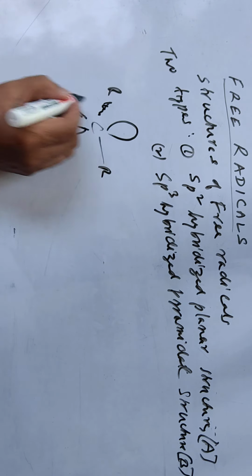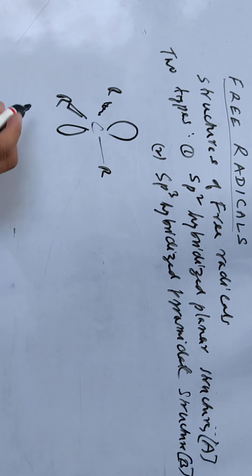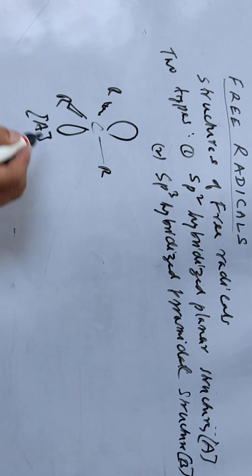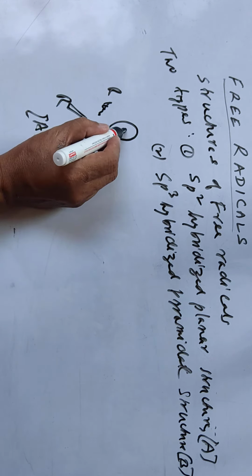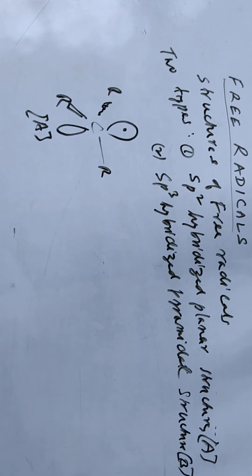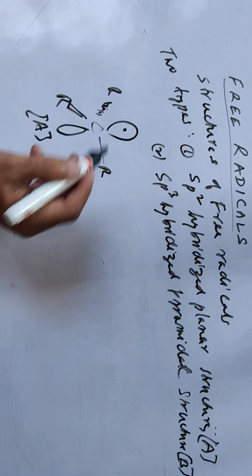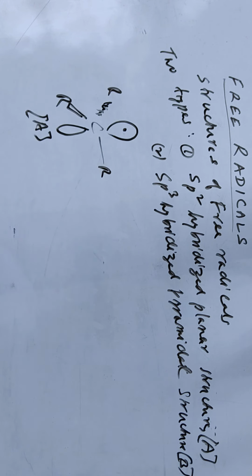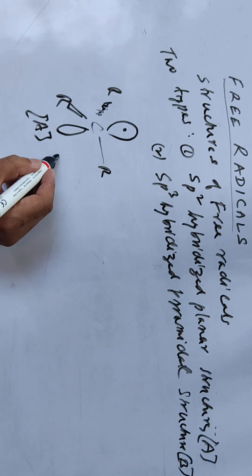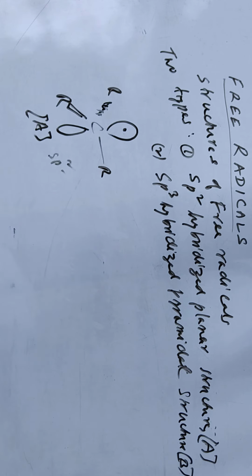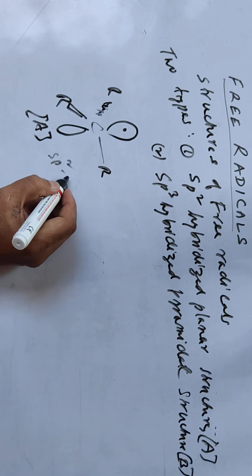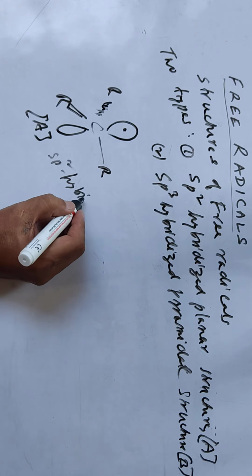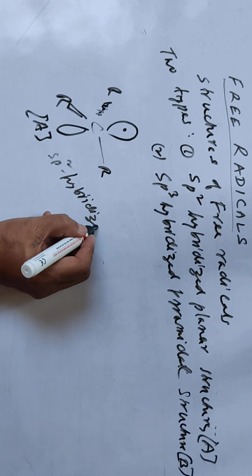Here the planar sp2 is structure A, the sp2 hybridized planar structure, and the unpaired electron occupies the 2pz orbital.